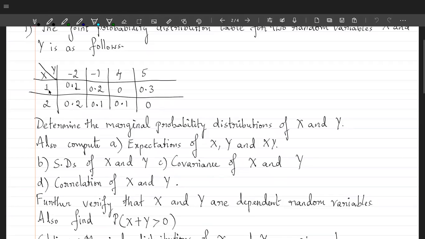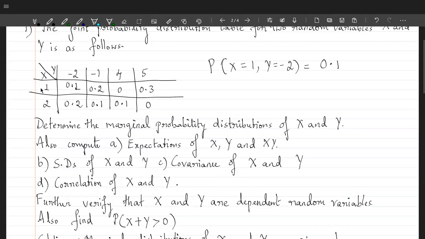That means when X takes the value 1 and when Y takes the value -2, the corresponding probability is 0.1. Or you can even say it's the probability that X takes the value 1 and Y takes the value -2, and the corresponding probability is 0.1.